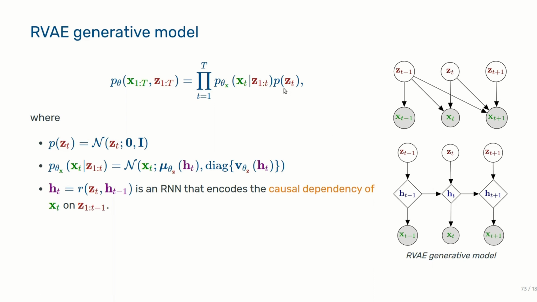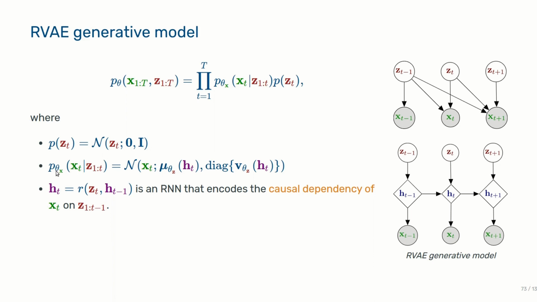So in a way, this prior is similar to the one of the variational autoencoders. However, when it comes to the likelihood or the generation of XT, this one depends on all the previous latent codes, Z1 to T.